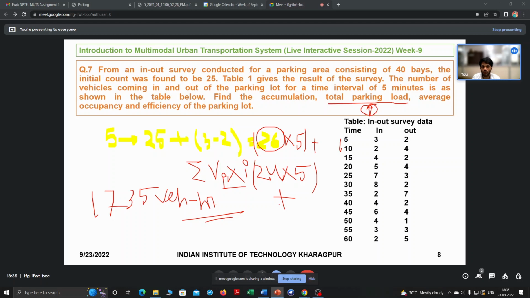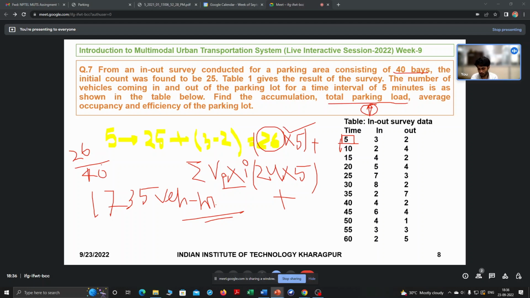So what is your parking index? Parking index is how many vehicles there are for a particular time period. 26, right? So now the total is 40 bays. So your number of vehicles is 26 and your bays are 40.